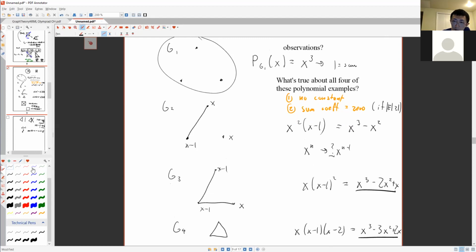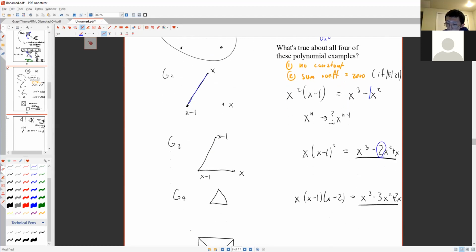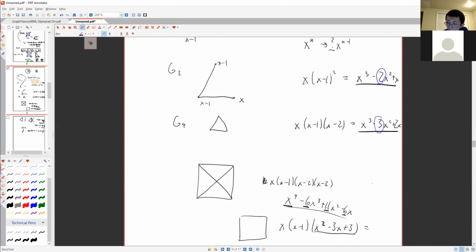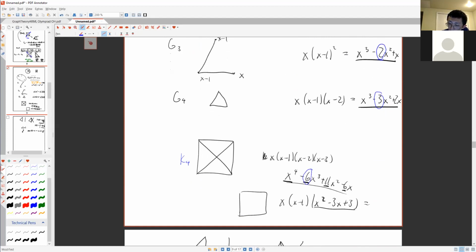Here there are 0 edges, so it's minus 0 x squared. Here there's 1 edge, so it's minus 1. There's 2 edges in G3, this is a -2. There's 3 edges in G4, so this is a -3. There's 6 edges in K4, so this is a -6. There's 4 edges in this graph, which is a cycle.